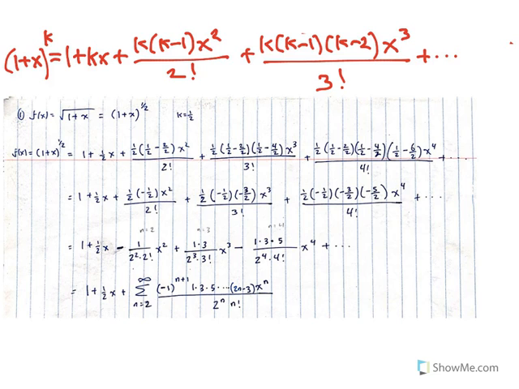Yesterday we also looked at this problem where we have the function f of x is equal to the square root of 1 plus x, which we can of course write as 1 plus x to the 1/2 power, so that it is written in the form 1 plus x to the k. And we looked at how we can use the binomial series to write a Maclaurin series for the function f of x.